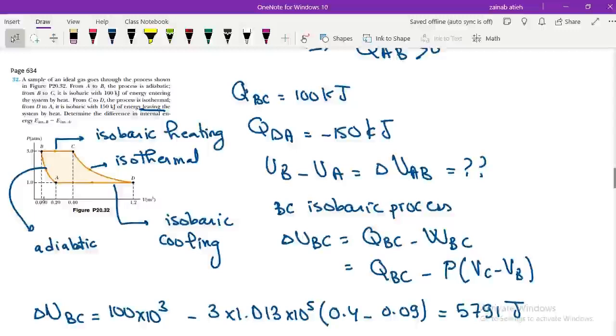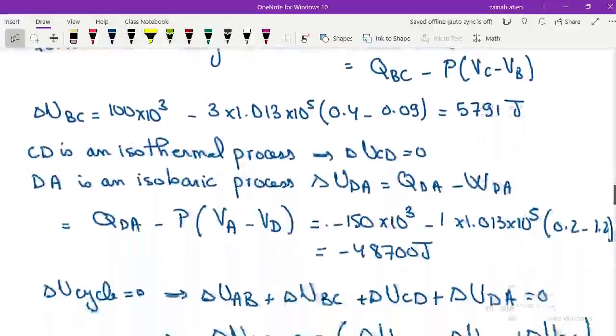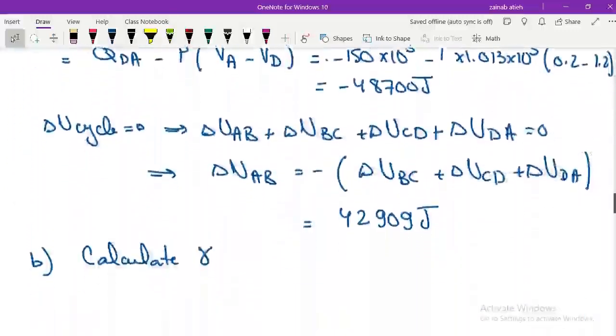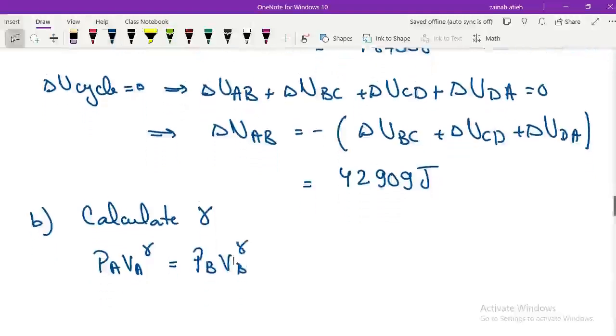So for sure PV gamma is equal to PV gamma. PV gamma for A is equal to PV gamma for B. Let me do that. So I will say that PA VA to the power gamma is equal to PB VB to the power gamma. Why? Because A and B are 2 points from an adiabatic process.